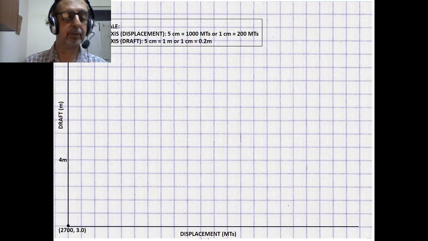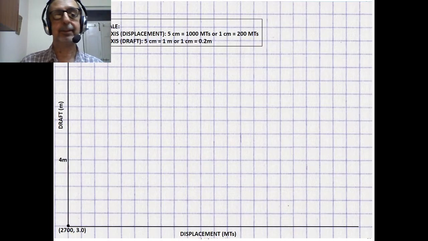Then we are going to mark off the y-axis as per the scale that has been shown at the top: 4 meters, 5 meters and 6 meters. The maximum draft required is 5.5 meters on the y-axis.